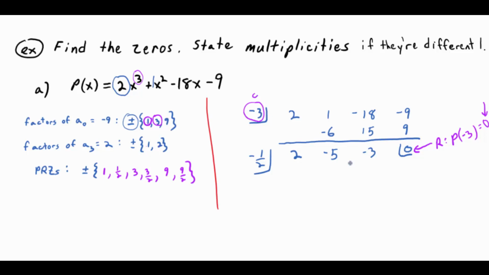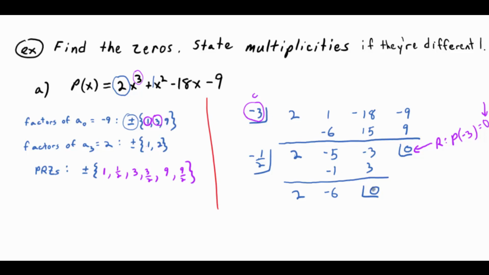Put negative 1/2 to the left of those coefficients from the quotient, and start the synthetic division process all over again. Bring down the 2. What's negative 1/2 times 2? Negative 1, add them up. Negative 6 times negative 1/2 is positive 3, and you fully expect to get a 0 remainder, and you do.